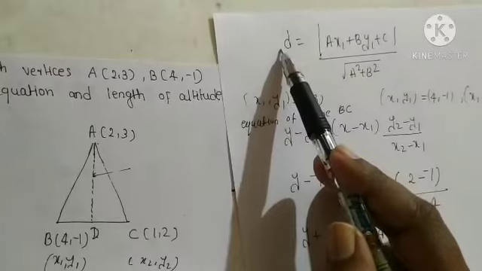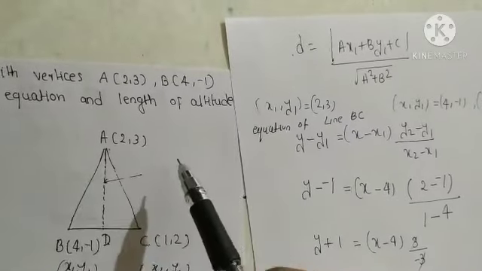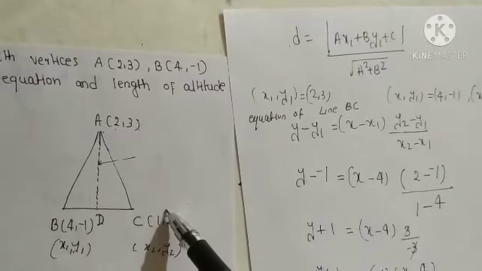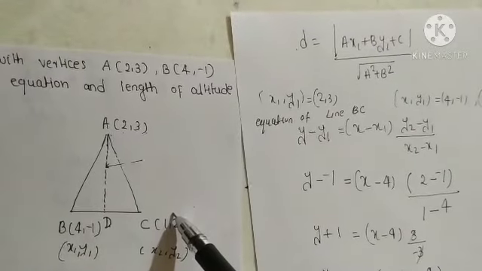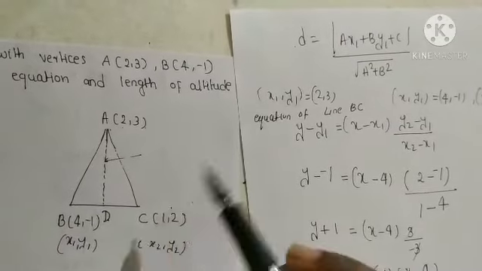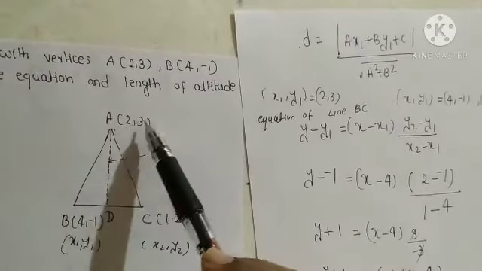D is the distance between the point (2, 3) and the line BC. Okay, so here I'm going to substitute all the values. Note that here x1, y1 is (2, 3).